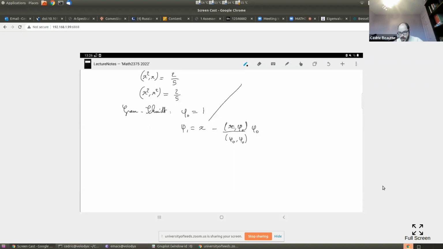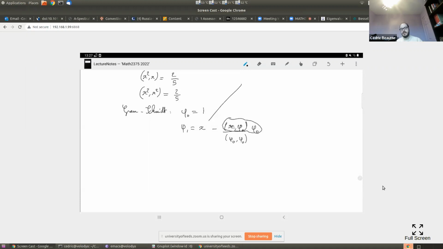That projection is defined here: the inner product of x with phi0 gives the amplitude, times phi0 to carry the direction in functional space.